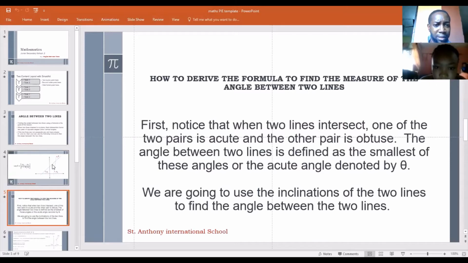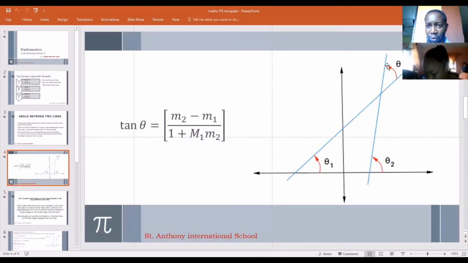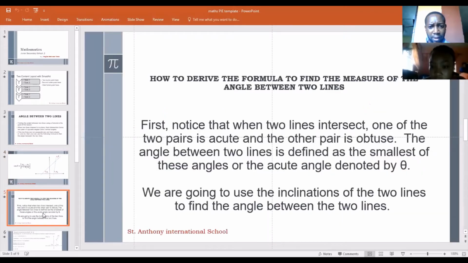So if you look at this, the one that is written theta up here is actually an acute angle. This is also an acute angle, theta 1, and this looks like an obtuse angle. We are going to use the inclinations of the two lines to find the angle between those two lines. Do you understand it up to this point?